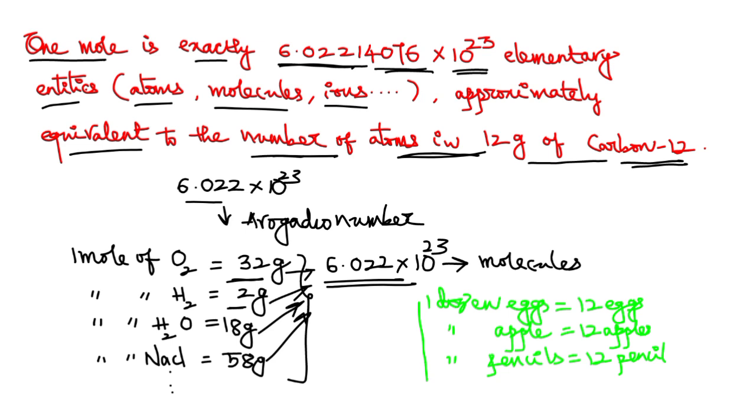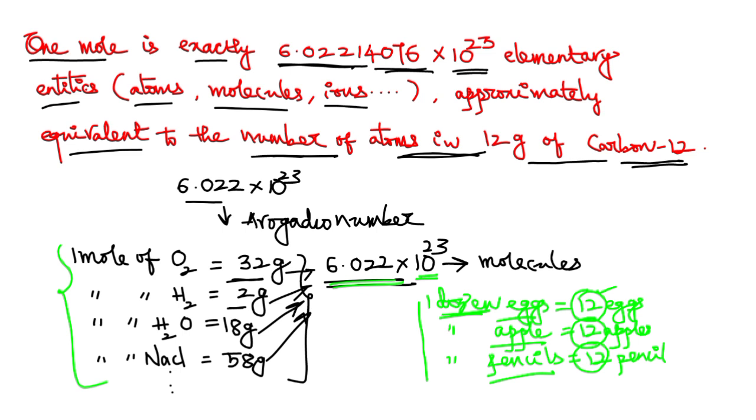All are 1 dozen, but the things are different, but the number is the same. Like a dozen represents a number, here the mole represents a number which is 6.022 into 10 power 23. By this you can understand any mole of a substance has 6.022 into 10 power 23, maybe atoms, maybe molecules, maybe ions.